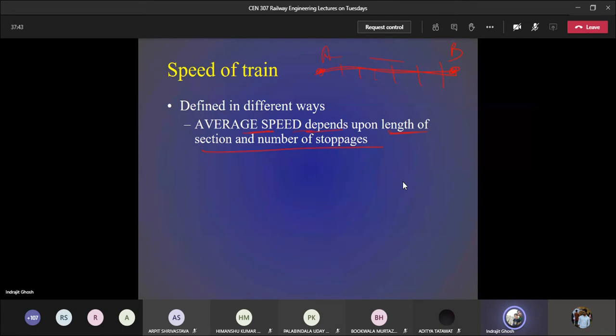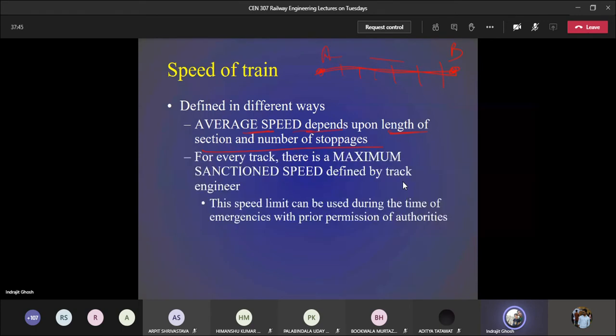Now, the maximum speed. People have talked about maximum speed for a certain stretch or section. For a certain stretch, I had an app on my mobile where I saw that the train was traveling at a speed of 150 km/h. But for every track, there is a maximum sanctioned speed, which is defined by the track engineer.